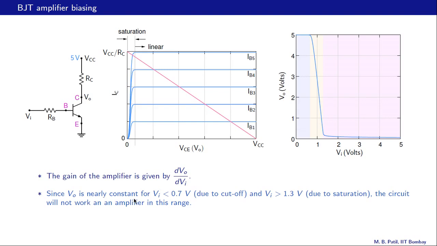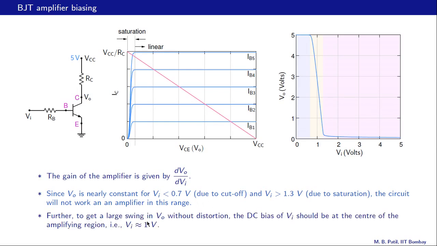Since VO is nearly constant for VI less than 0.7 volts, and that happens because of cutoff, and also VO is nearly constant for VI greater than 1.3 volts, and this 1.3 volts of course is specific to this example with some given values of RC, RB and VCC. In these two regions, the circuit will not work as an amplifier, because the slope here as well as the slope here is nearly zero, so it is not really useful for amplification.